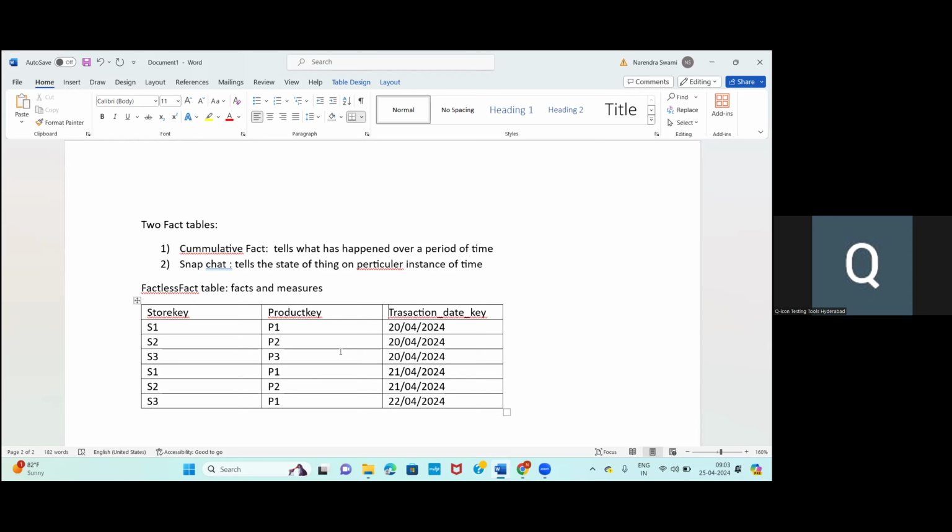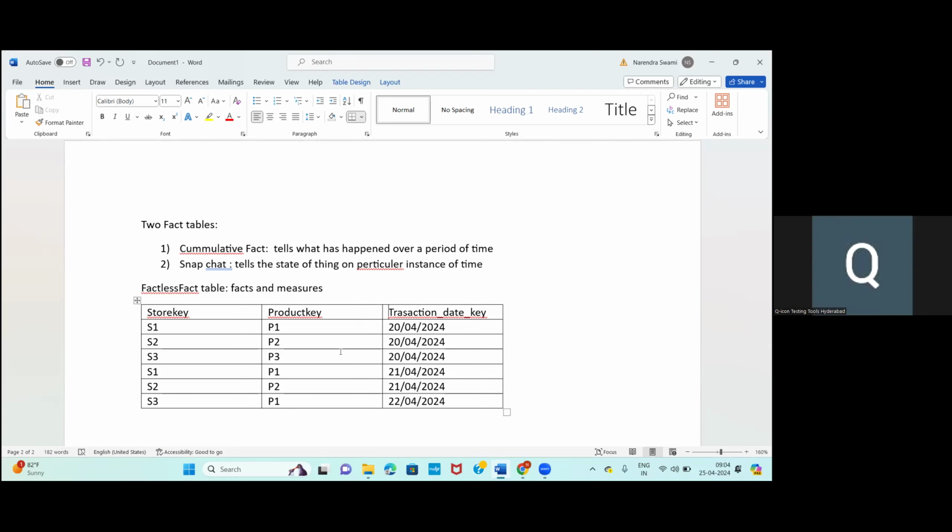So what can we derive here? Anyone can say what we can derive by using this table? Nothing, sir. Nothing? Just see the table again. You can derive something. See, there is even a use for the factless fact table. Store-wise products, daily products.